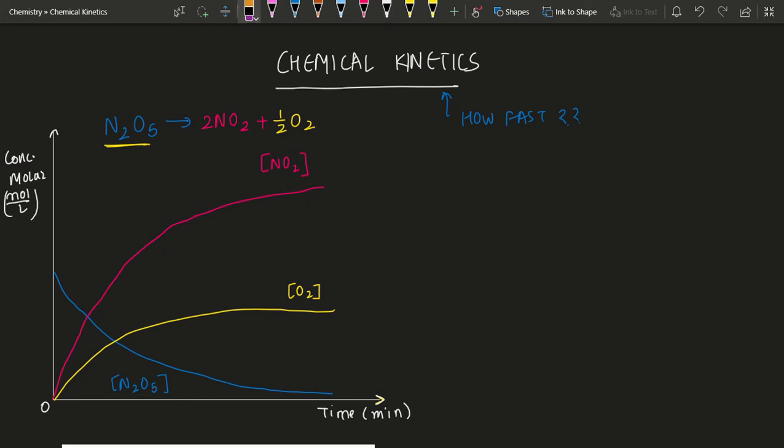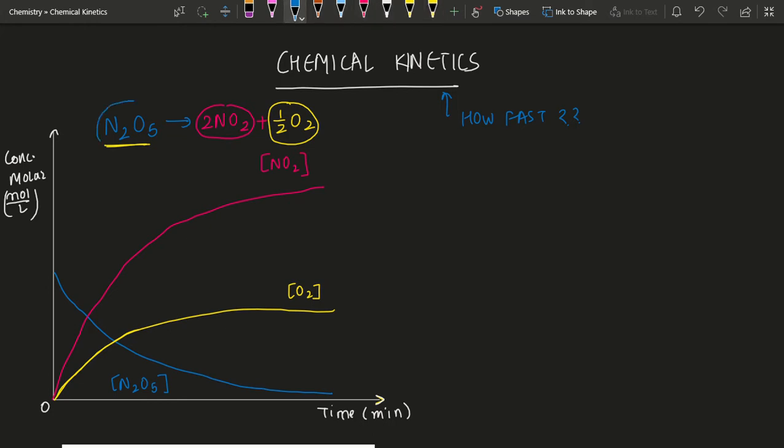Now, let's take a moment to analyze this graph. Nitrogen dioxide is on the product side, so its concentration is increasing. Makes sense. Oxygen is on the product side as well, so its concentration is also increasing. After some time, the reaction is left with no material, so the concentrations become constant.